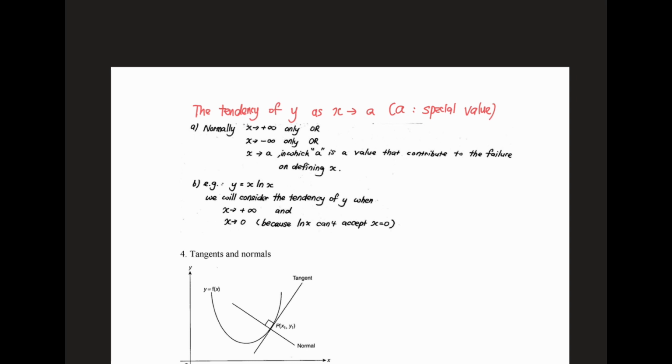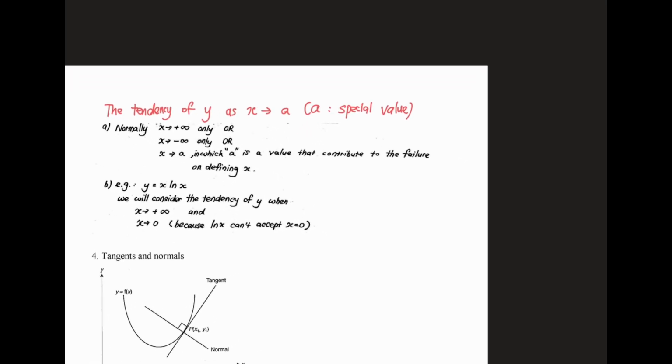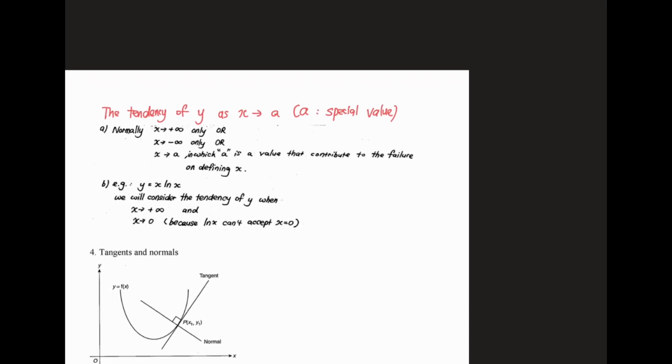First, we need to know we use this technique when we are going to sketch a graph involving exponents like e^x, or a graph involving ln. So we use the tendency of y as x approaches a.